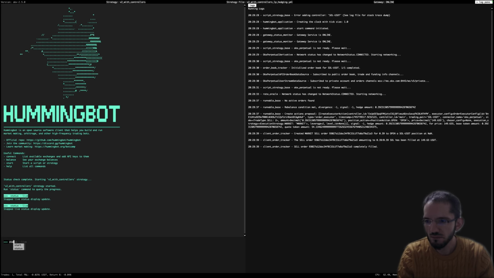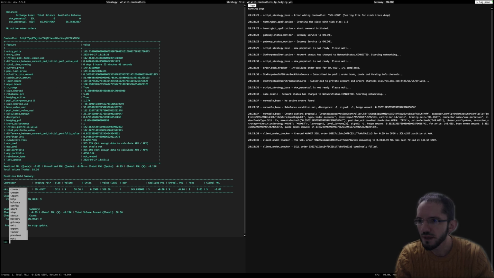Let's see some key metrics that we monitor. So here we see, for example, the entry price and the entry time, which are key metrics, and the rebalance percentage, which is at 5%, and the current divergence is at 1.18%. We see the size shorted on the CEX and the actual size on the pool.